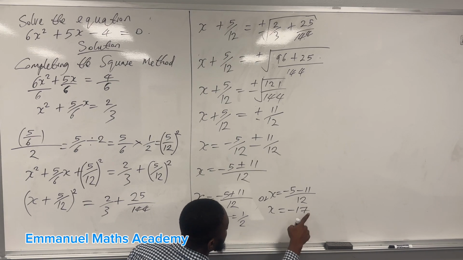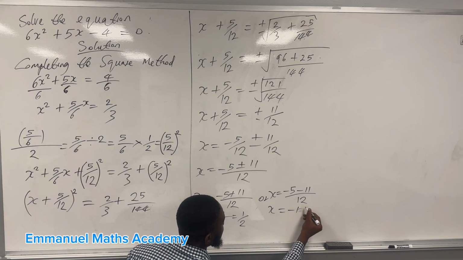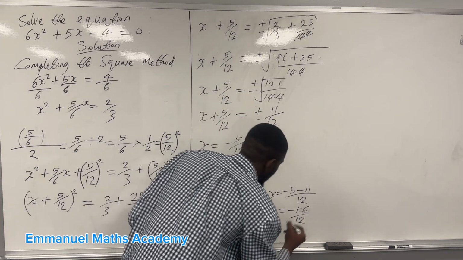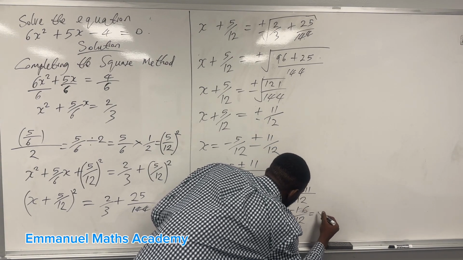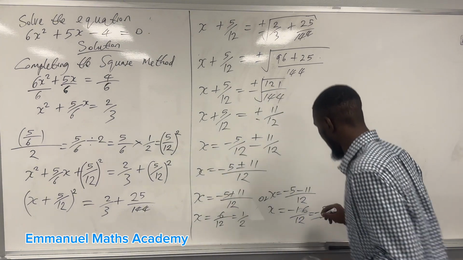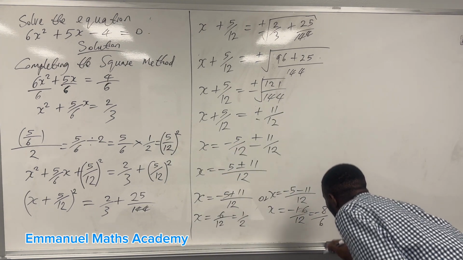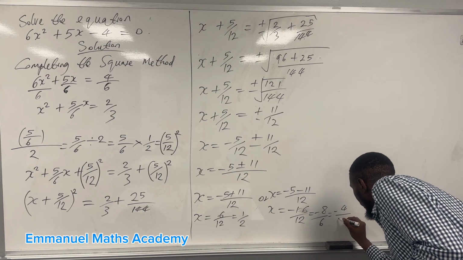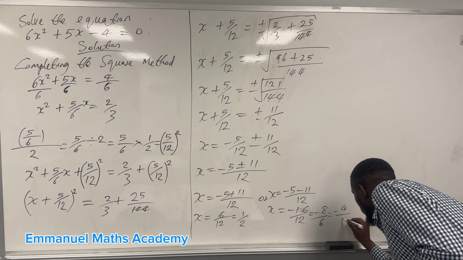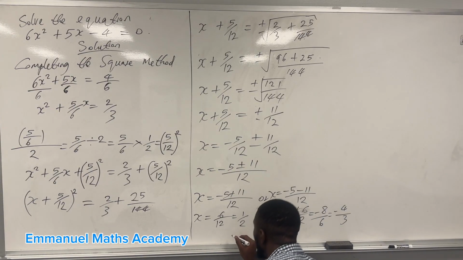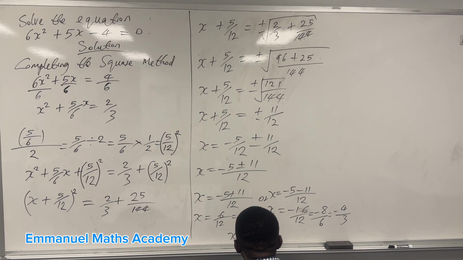But, no, sorry, it will give you minus 16 over 12. This will give you minus 8 over 6, and you can actually divide further, minus 4 over 3. So the value of x is 1 over 2 or minus 4 over 3.